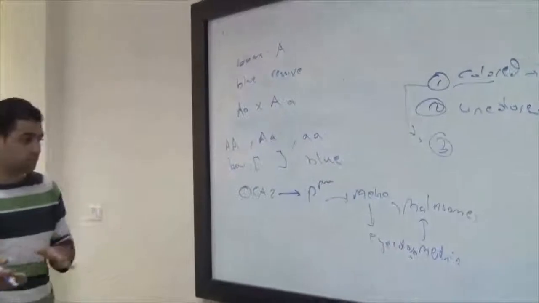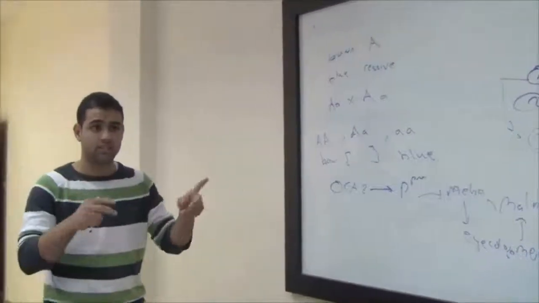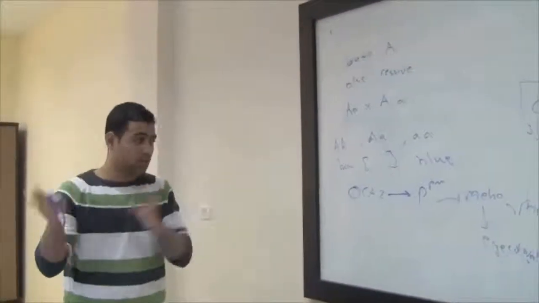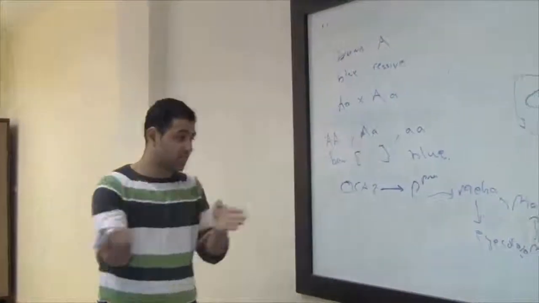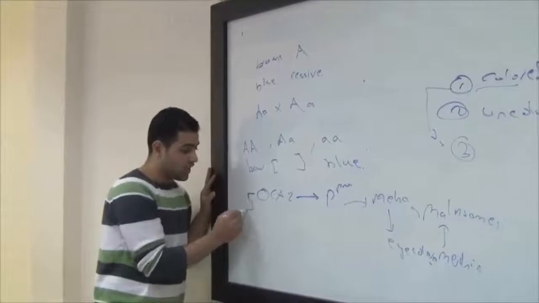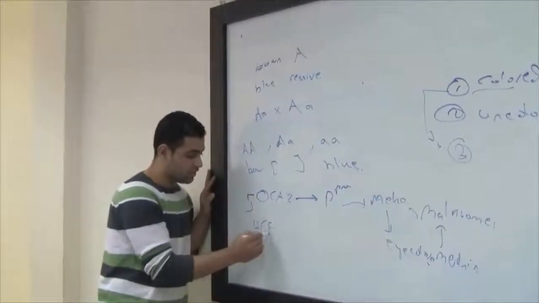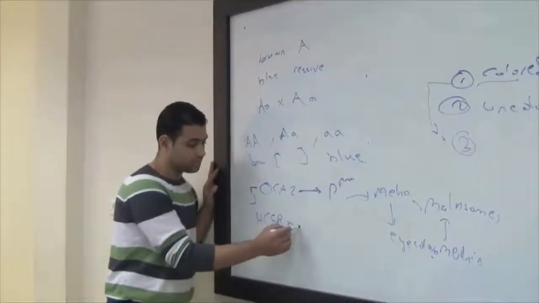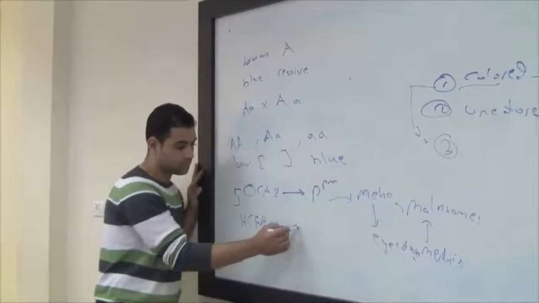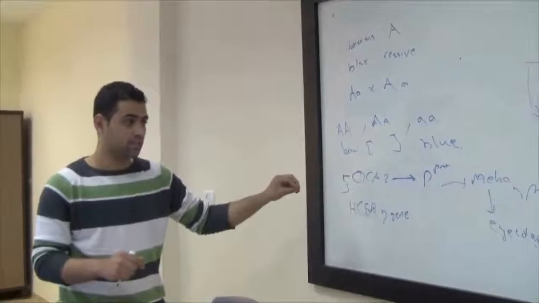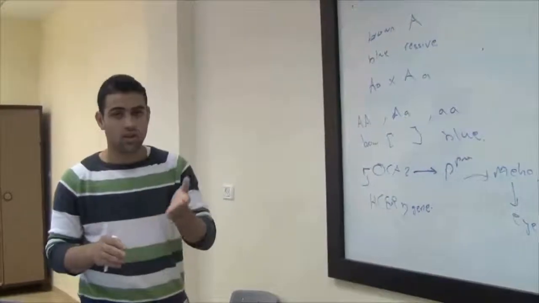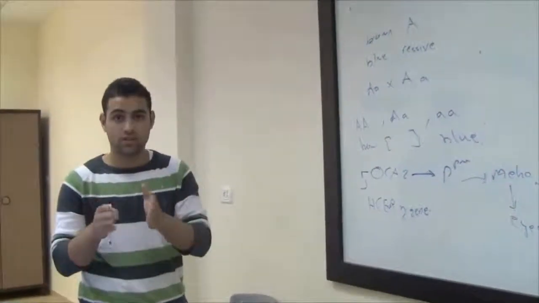Today, they found that there is a correlation between these genes, and we're going to find that through this research: whether there is a correlation between this gene and the HERC2 gene.